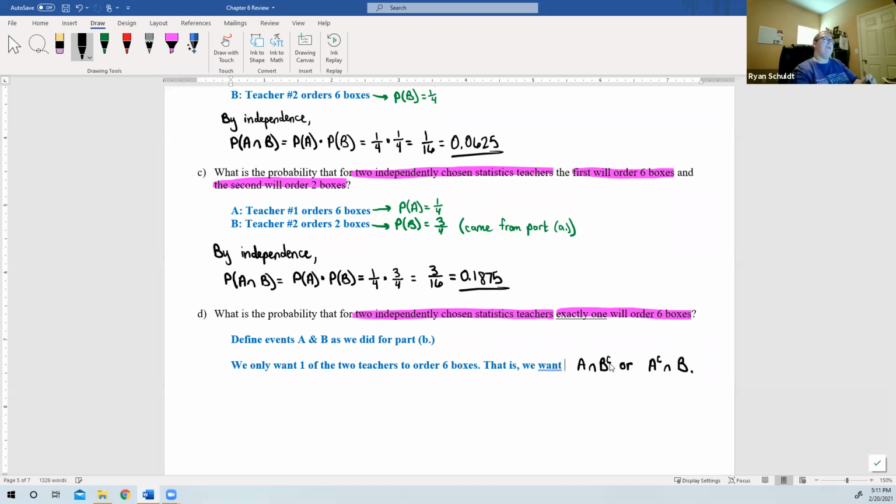Now, notice these are 2 totally different events. We can't have one occurring while the other's occurring. One will occur or the other will occur.